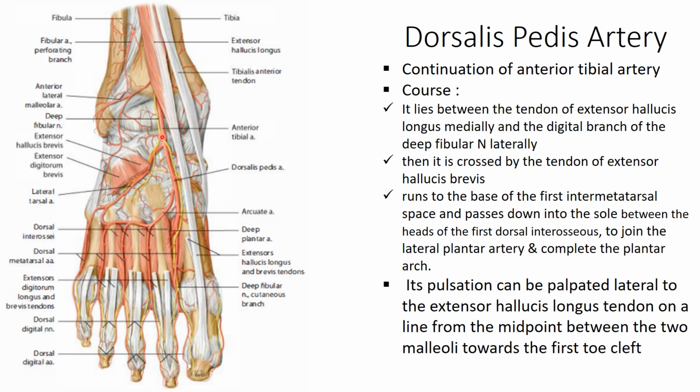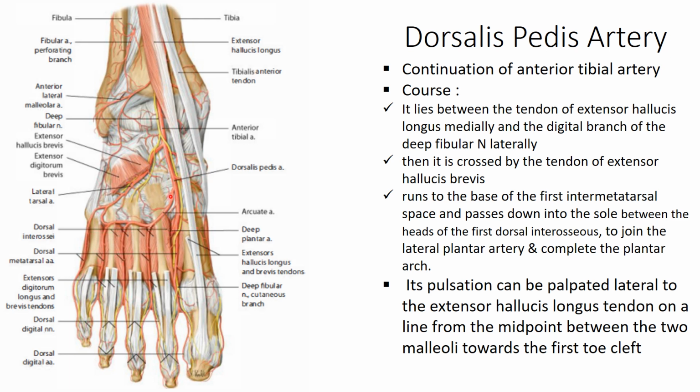Then it is crossed by the tendon of extensor hallucis brevis, and it runs to the base of the first intermetatarsal space, and here it passes down into the sole between the heads of the first dorsal interossei to join the lateral plantar artery, and it completes the plantar arch.